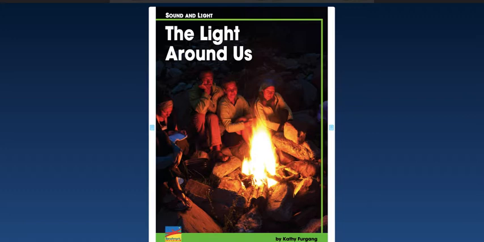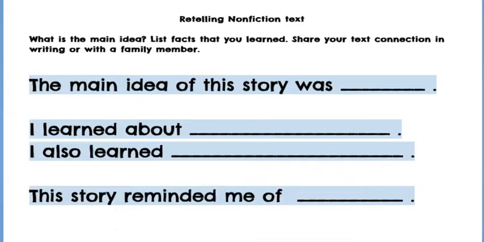After we read this, you are going to be doing this, which you're familiar with. It's to help you retell nonfiction text. So let's go ahead and take a look at what you're going to be answering before. That way you can have it in your mind as we read. So when you are retelling nonfiction text, you need to answer what the main idea is.